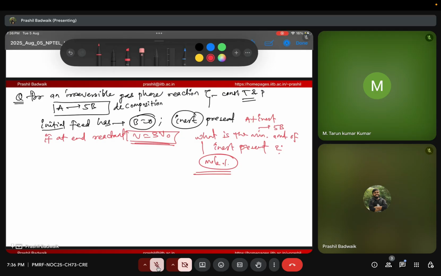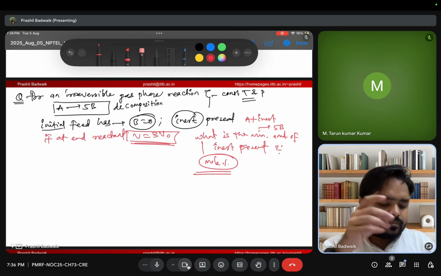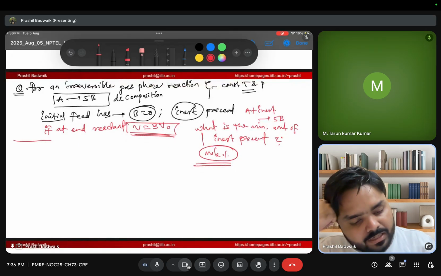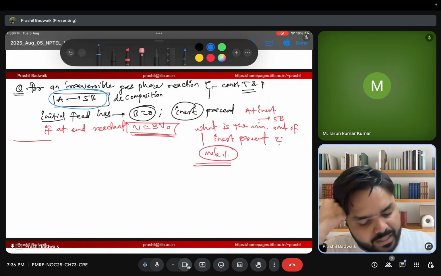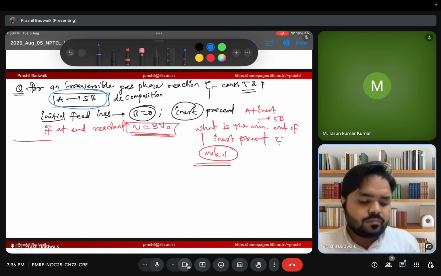So we will solve this question that is present on your screen. What does the question say? We have a reaction for which the equation is given.